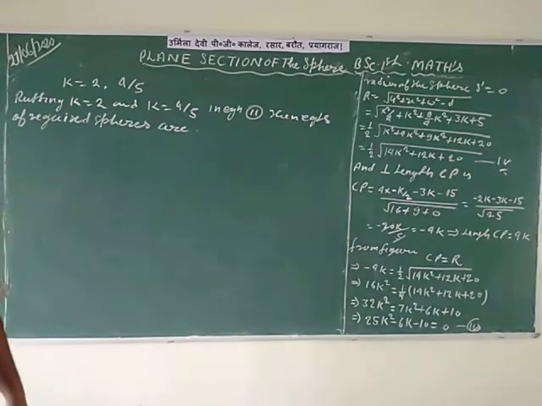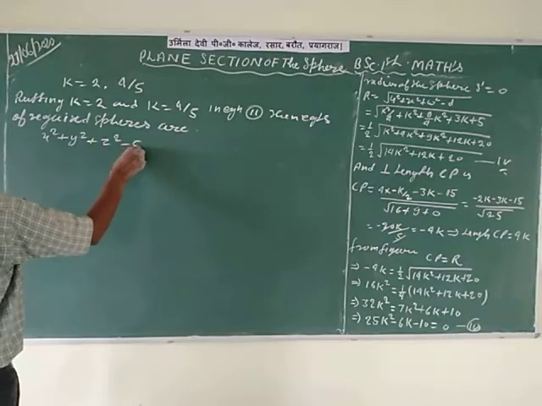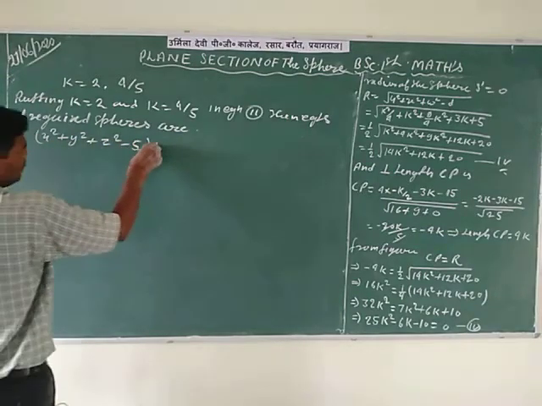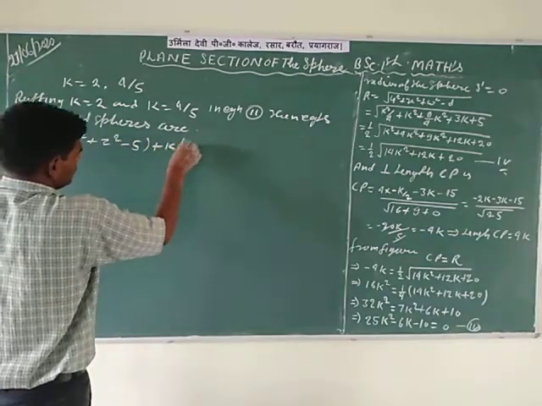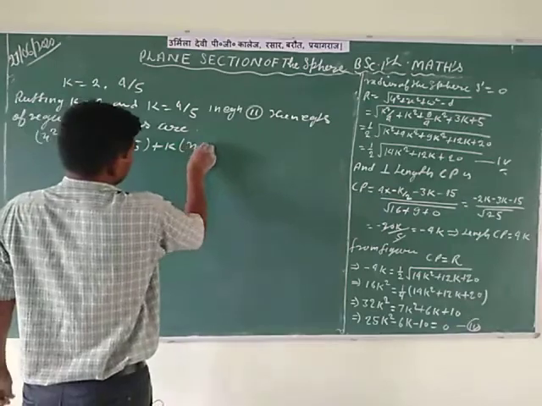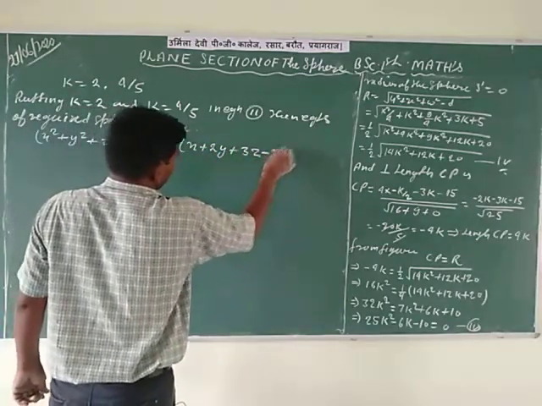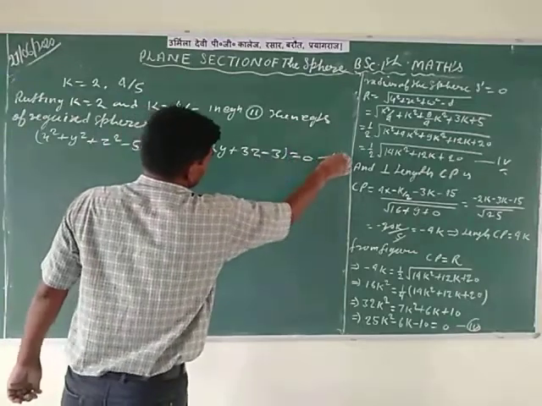the given equation x square plus y square plus z square minus 5 plus k times the intersecting plane x plus 2y plus 3z minus 3 is equal to 0, is equation second.